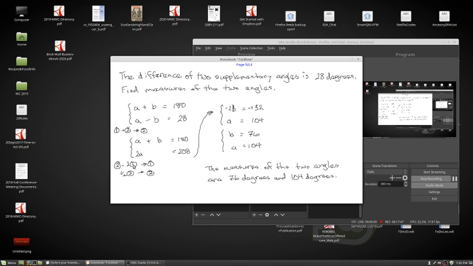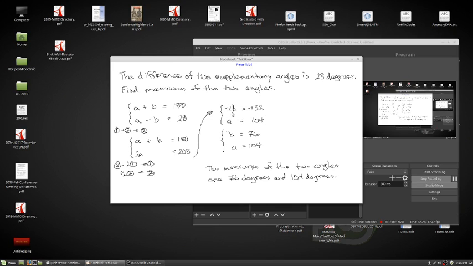Then if we subtract, well, actually, I jumped ahead here. First, we're subtracting 2 times the first equation from the second. That way, 2A minus 2A is 0. 0 minus 2 times B is minus 2 times B. And then 208 minus 360 is equal to negative 152.